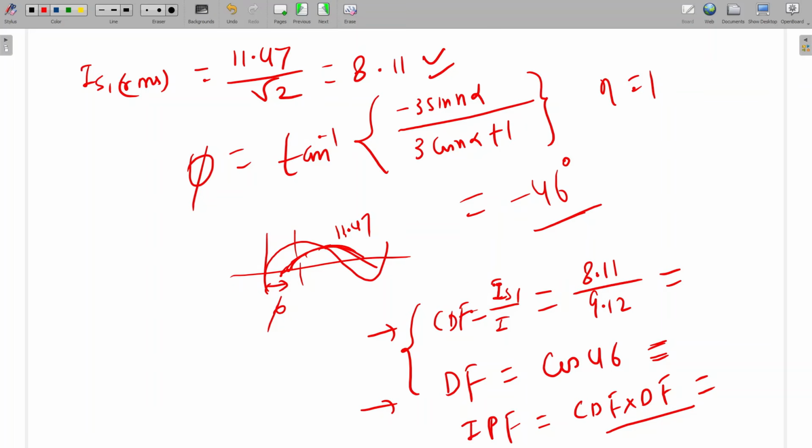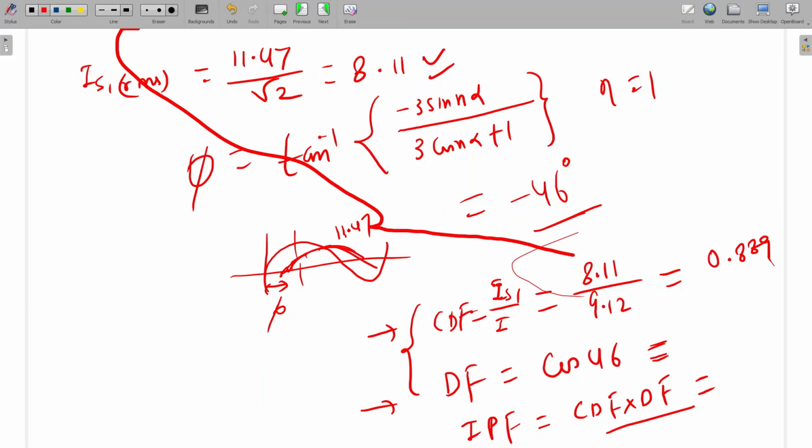Okay, 0.889. Which value? This CDF. Yes, sir. 8.11 divided by 9.12 will be 0.889. So the first will be 0.889. The second will be cos 46.